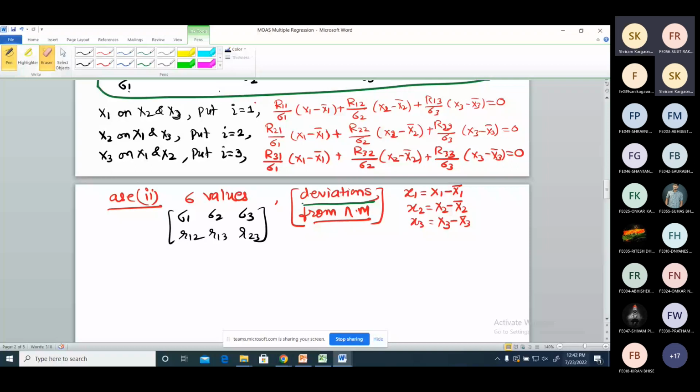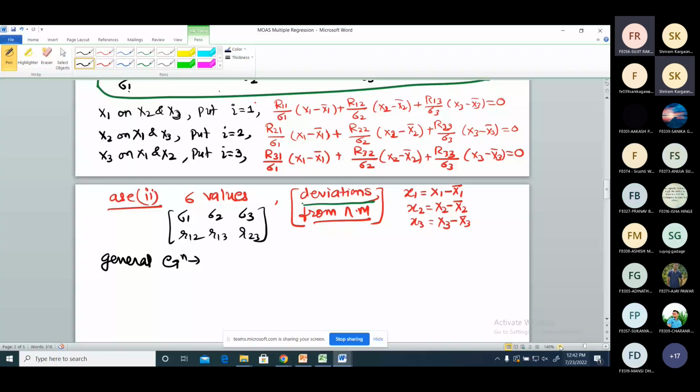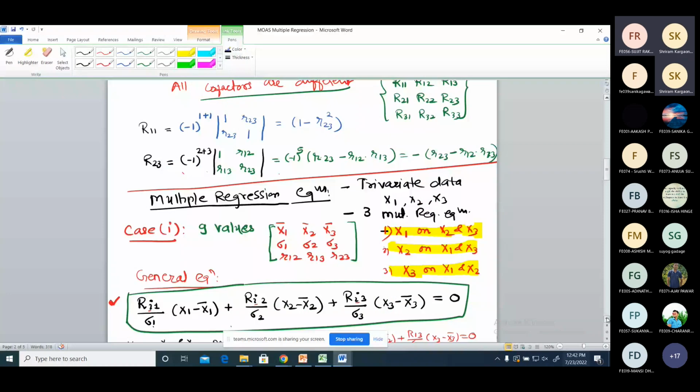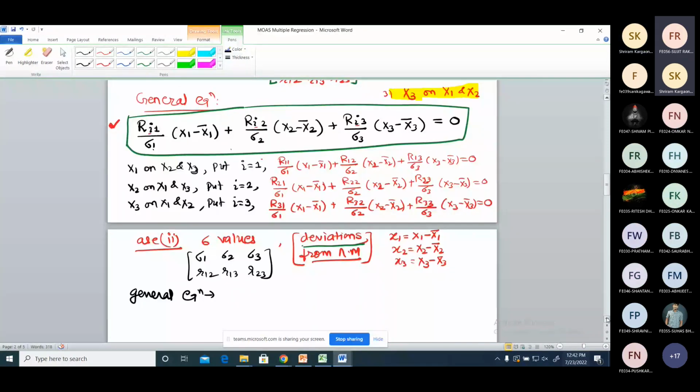So the general equation. Again I will derive it from the previous equation, so you can comparatively study what changes I am making.